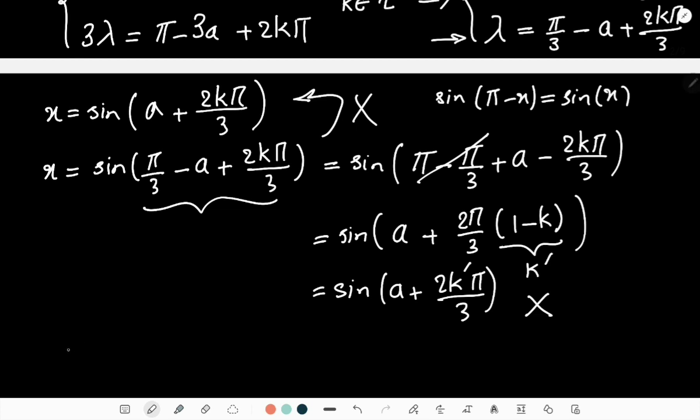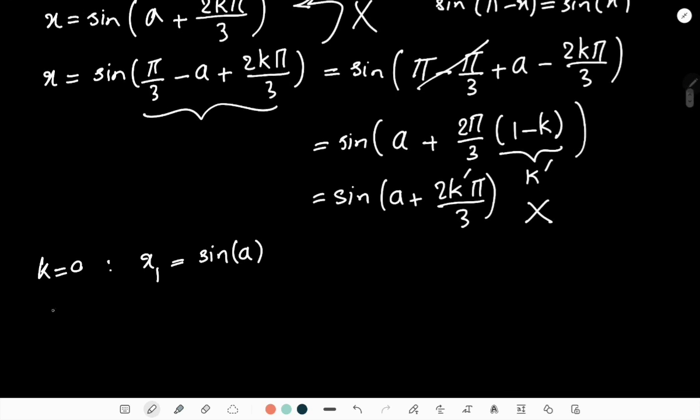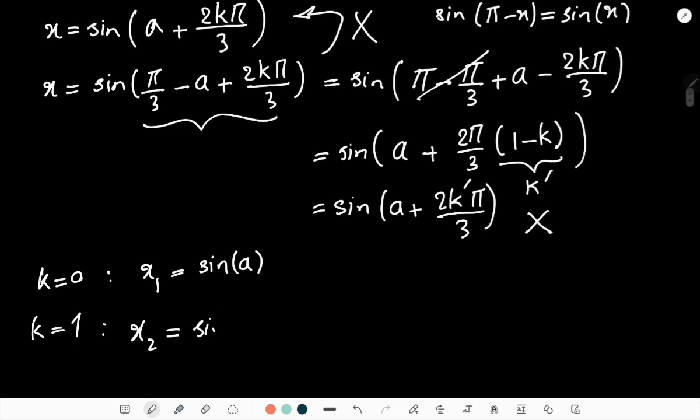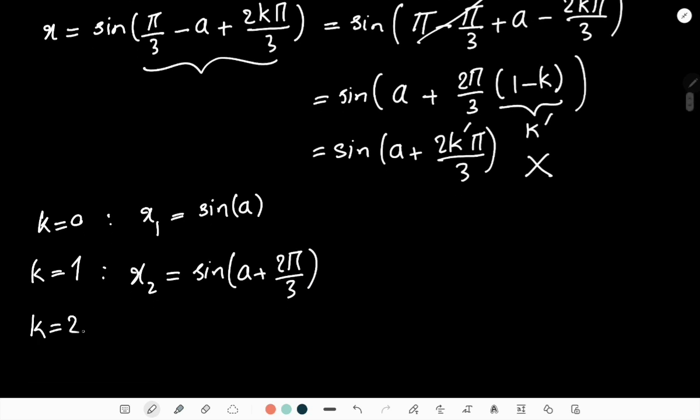So if I put k equals 0, then I get basically x1 is equal to sine of a. Then if I put k equals 1, then I get x2 is equal to sine of a plus 2 pi over 3. And if I put k equals 2, then I get x3 is equal to sine of a plus 4 pi over 3.